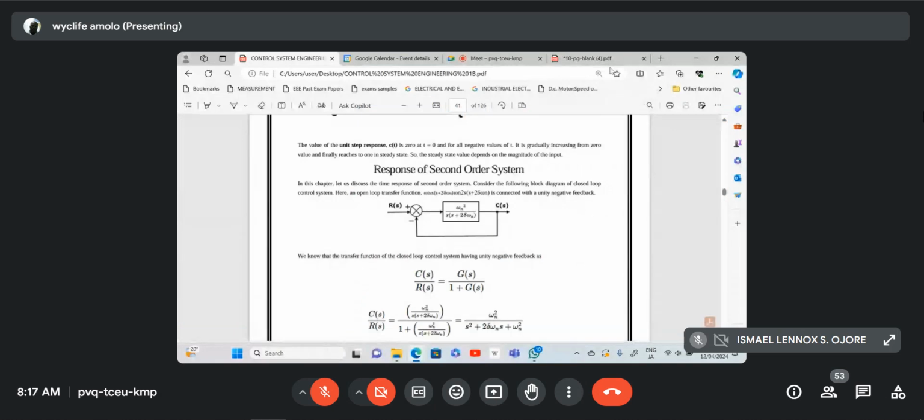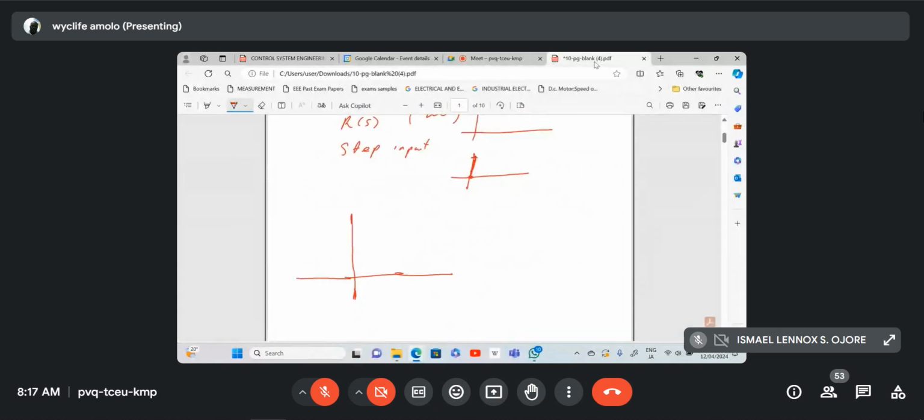And the canonical form is that you had very many blocks with many feedbacks, maybe.